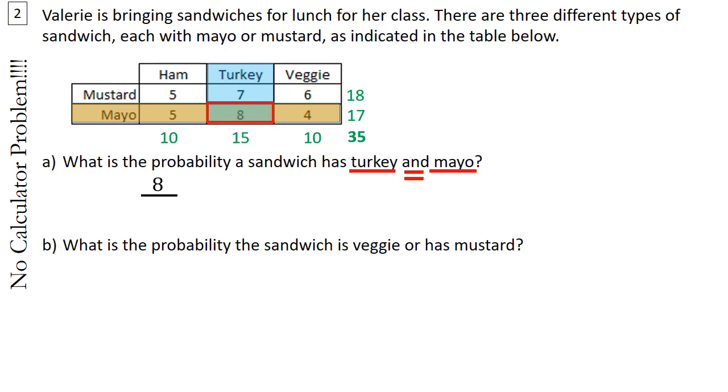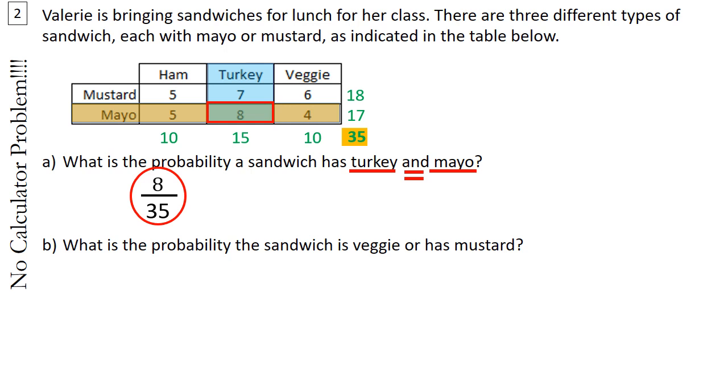Well, we're not in a conditional probability problem. There's nothing given. So it could have been any sandwich I grabbed. So 35, that's how many sandwiches are our total. Anytime it's not conditional probability, that grand total is our denominator. So that's our probability, 8 over 35. We can try to reduce that, but nothing goes into 8 and 35.